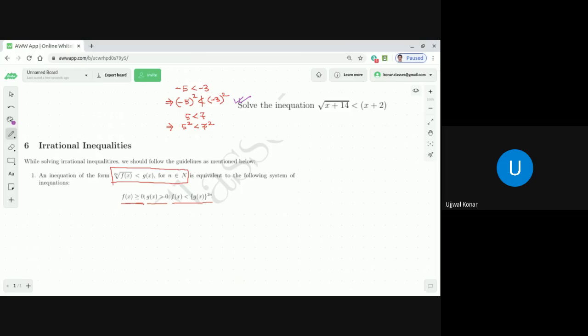What we understood from this guideline is that x plus 14 has to be greater than or equal to 0, and then the second one is that x plus 2 has to be greater than 0.